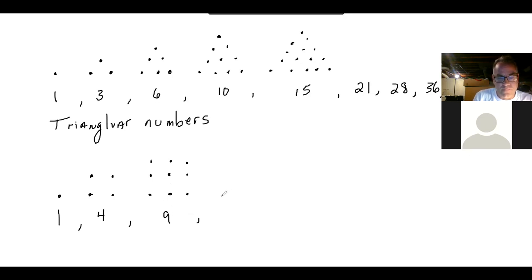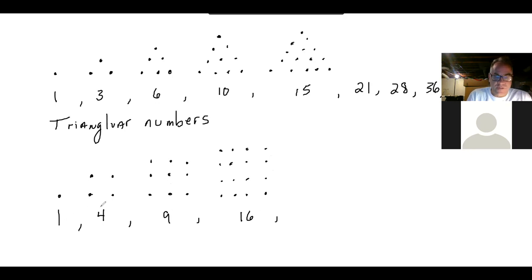And we'll do one more. If I take my original square from my last term, 9, and say, well, how many more dots would I need to add to form yet a bigger square? I would need 1, 2, 3, 4, 5, 6, and 7. And then I would have a total of 16 dots.